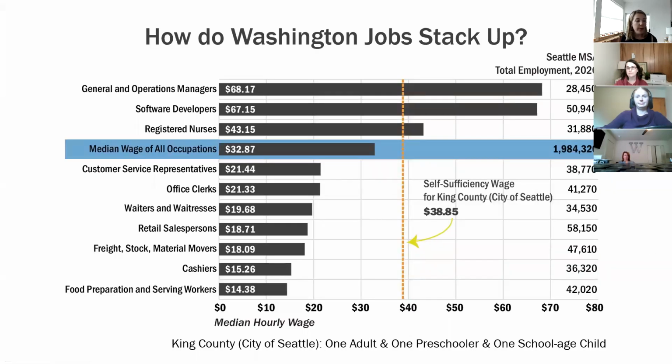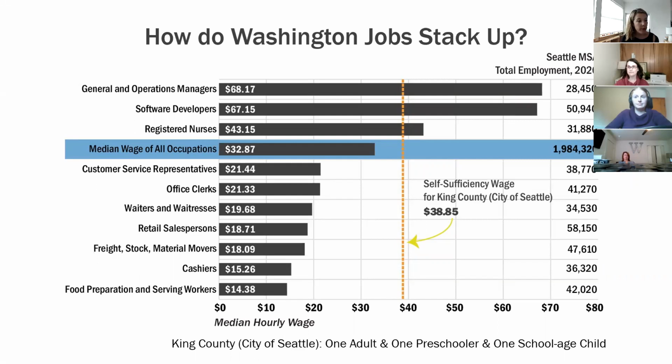So now that we've detailed the cost of meeting basic needs in Washington State, the next question we face is how families can secure the resources necessary to meet their basic needs. To answer this question, we start to analyze the wages from the top 10 occupations in 2 locations in Washington State.